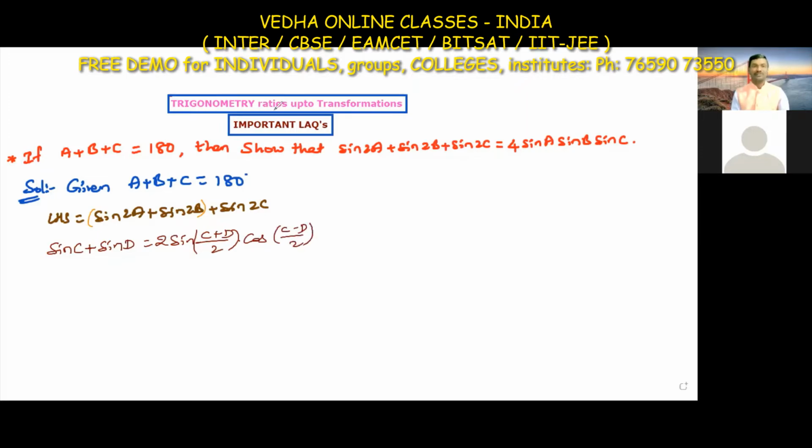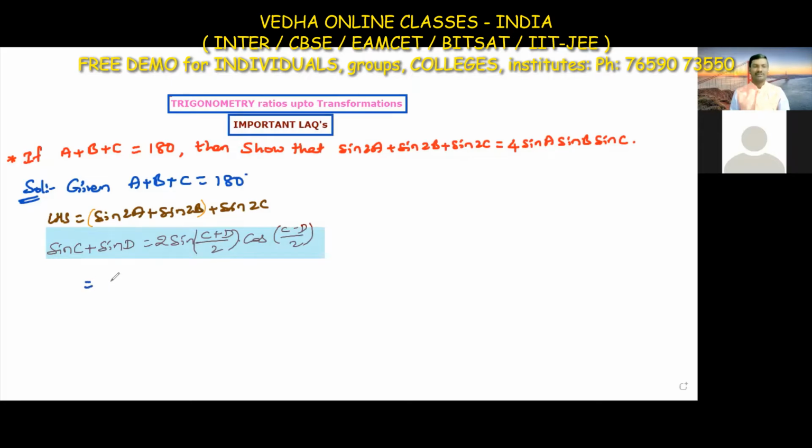Once again, what is the formula? Sine C plus sine D is equal to 2 sine (C plus D) by 2 cos (C minus D) by 2. Yes. Now I am applying the formula.